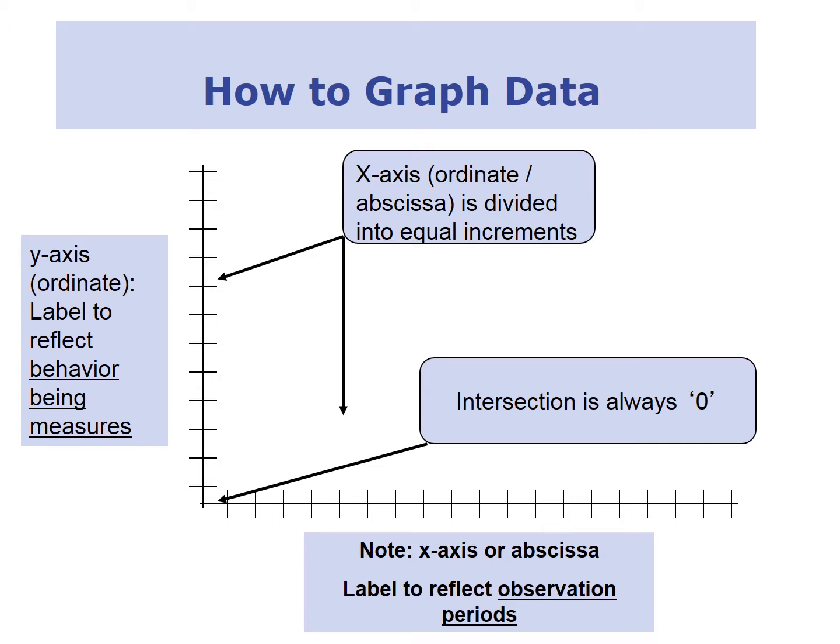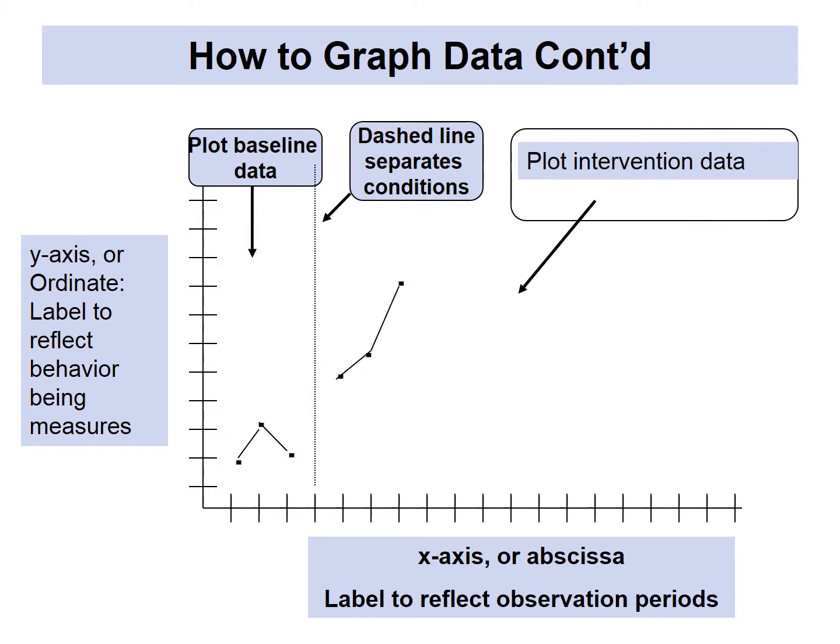X-axis, abscissa, is divided into equal increments. Intersection is always 0. Note, X-axis label to reflect observation periods. Plot baseline data. Dashed line separates conditions. Plot intervention data.